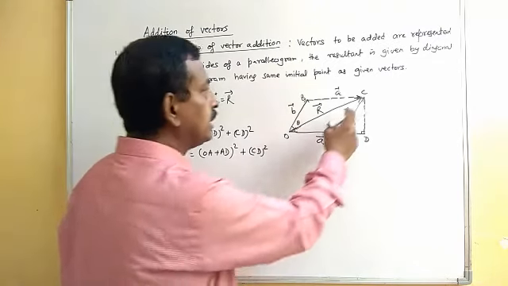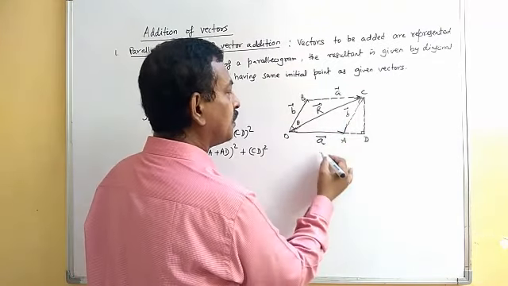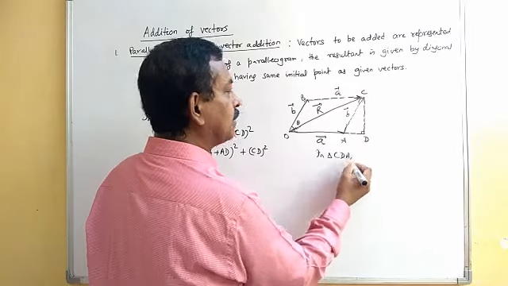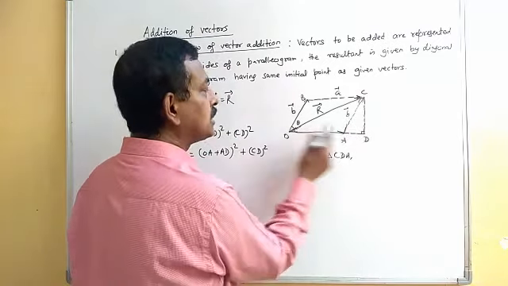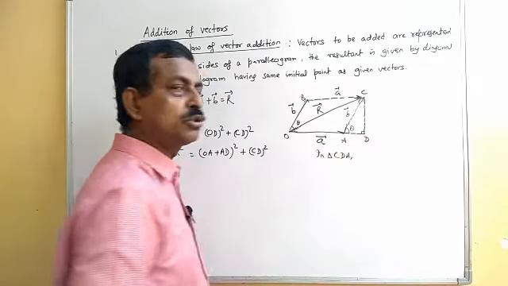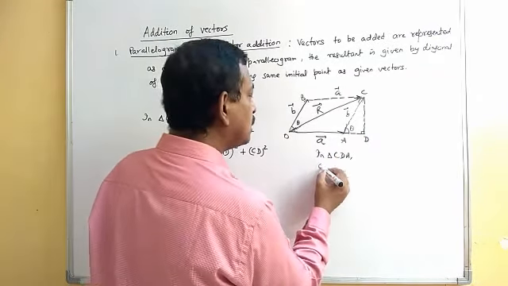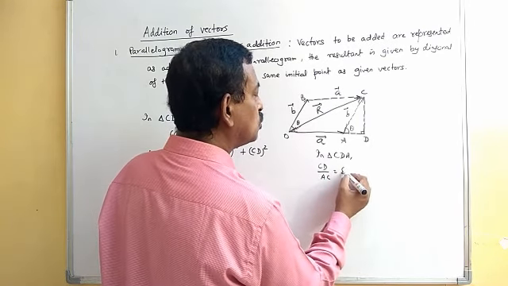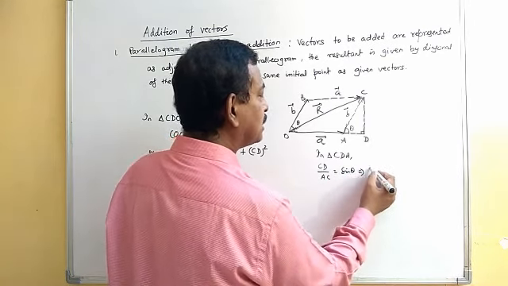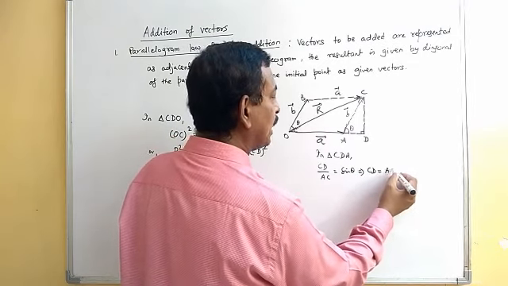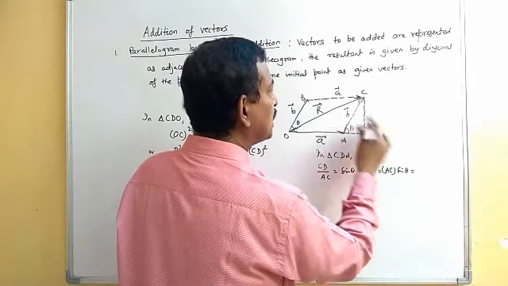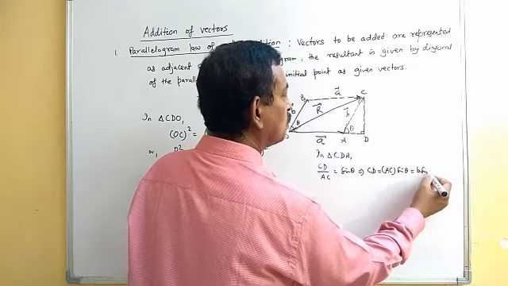Now if you see in this particular triangle CDA, if this angle is theta, that means this angle is also theta. So here CD by AC will be equal to sine theta, and that gives CD equals AC sine theta, or AC is basically your B, so it is B sine theta.